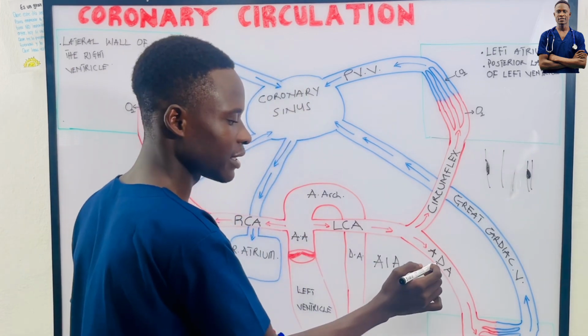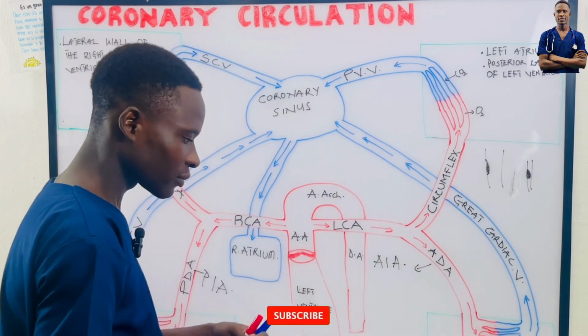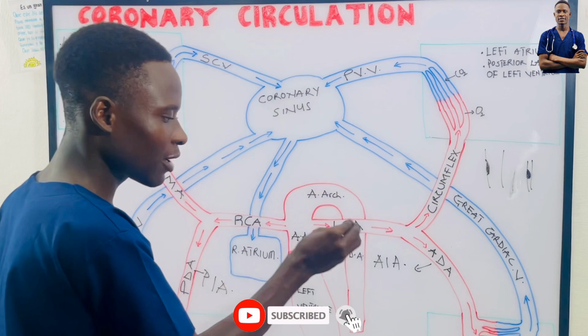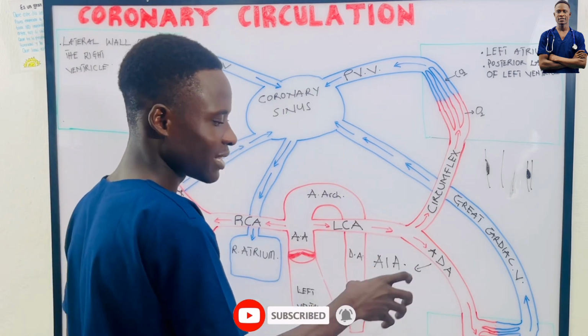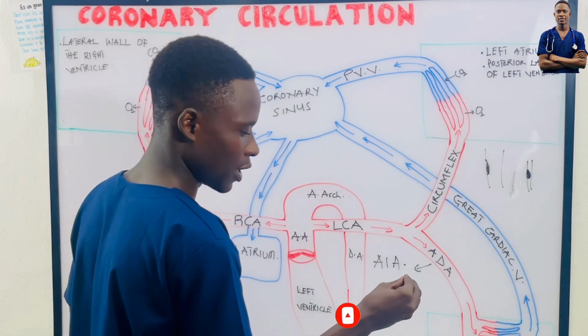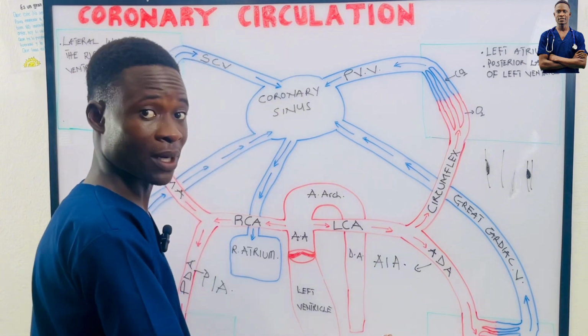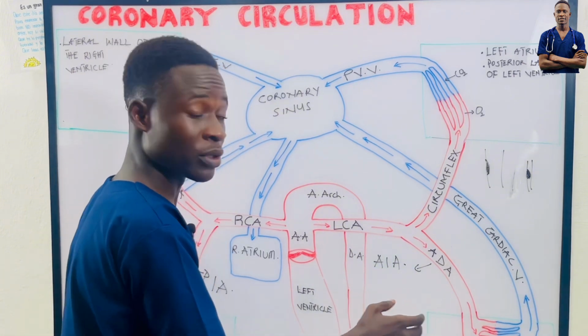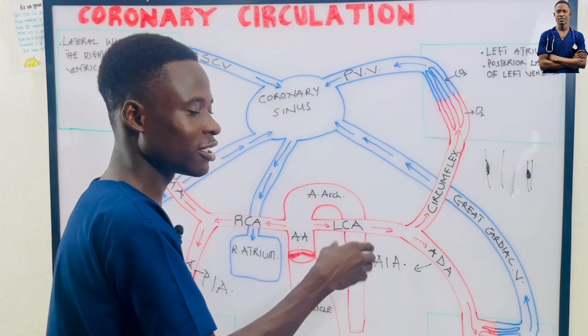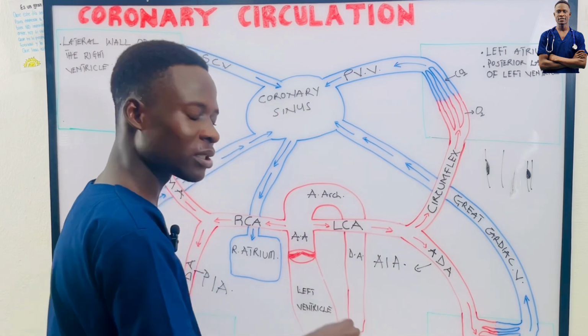That's the anterior descending artery, and because of that, it is the part of the artery that easily gets affected. If there's heart failure, this is one of the arteries that we check first, because it's the one that can easily get blocked, or cause angina.